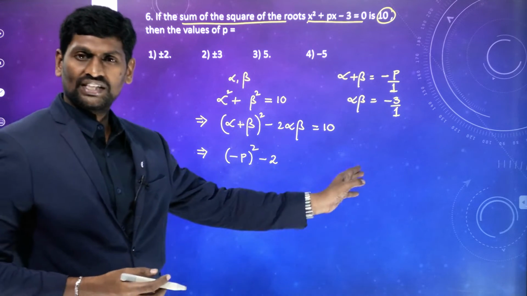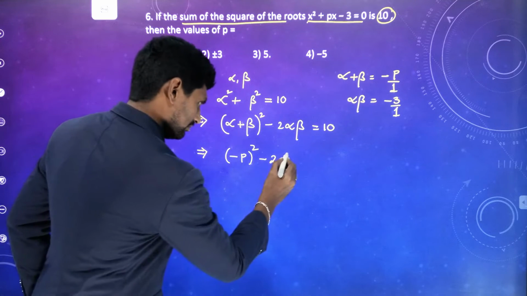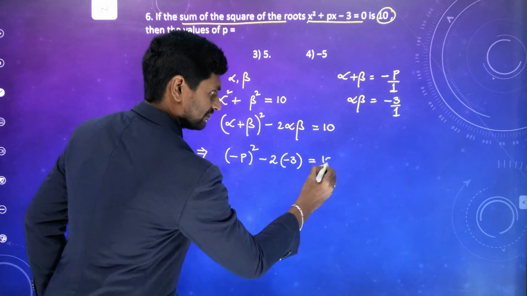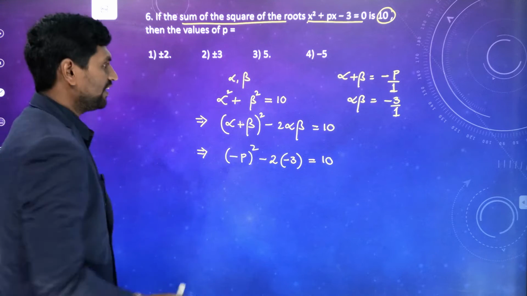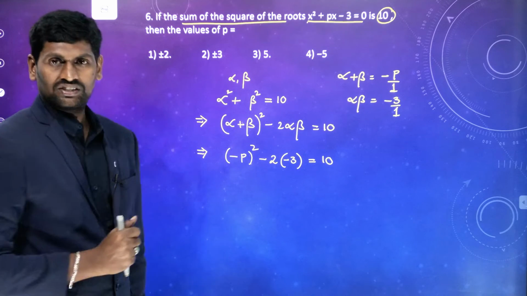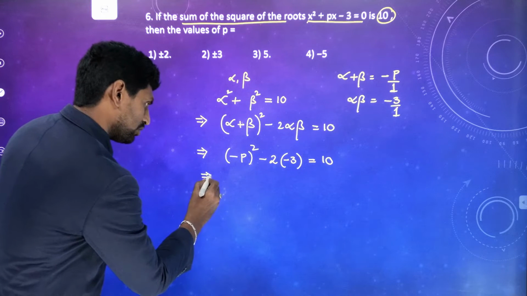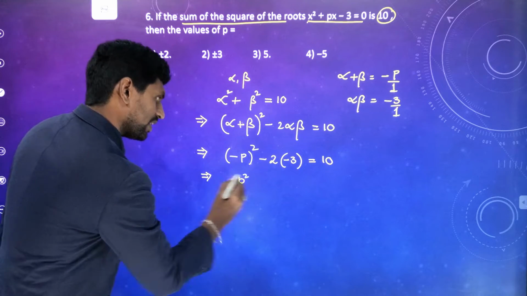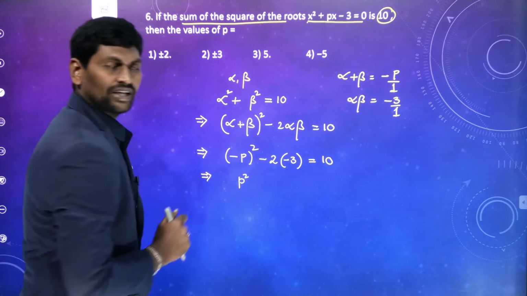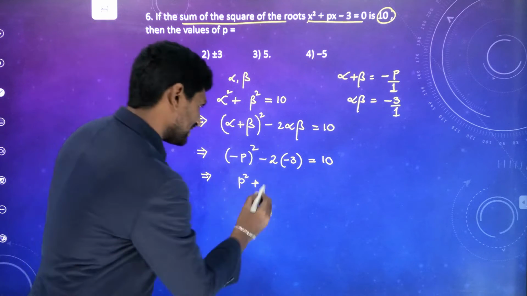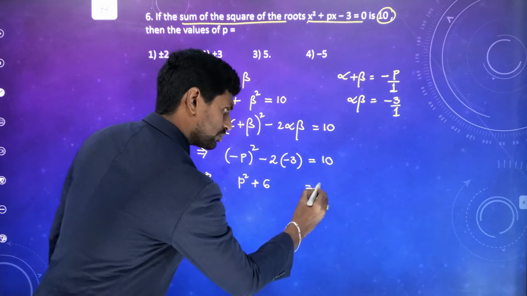Minus 3 by 1 is nothing but minus 3. That equals 10, because it is already given as the sum of the squares of the roots. So minus p whole square is nothing but p square. Minus into minus becomes plus. 2 3s are 6, equals 10.